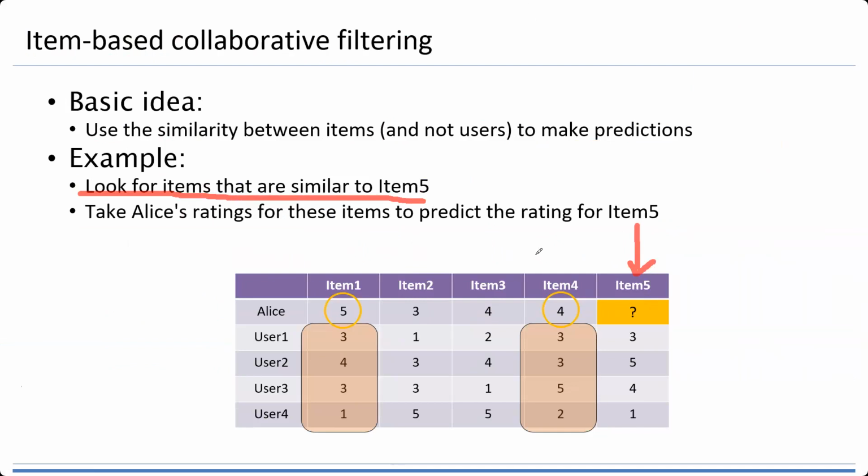So that will be another approach. We can take Alice's rating for these items to predict the rating for item 5. Let's say if I want to check item 5, maybe the items similar to it are item 4 and item 1. And I will use this number and this number to predict this number. That's the meaning of item-based collaborative filtering.